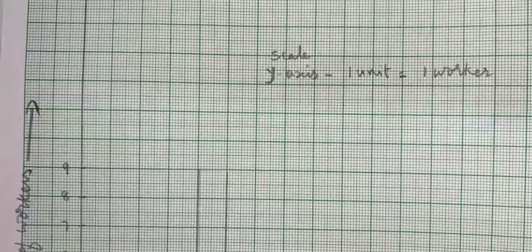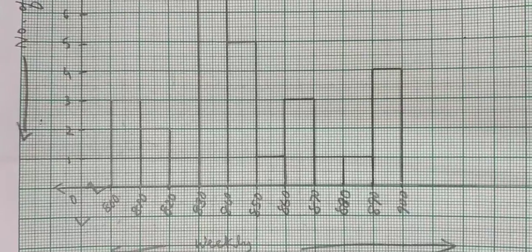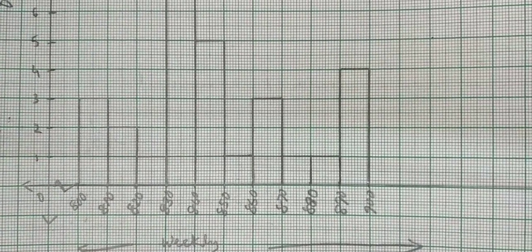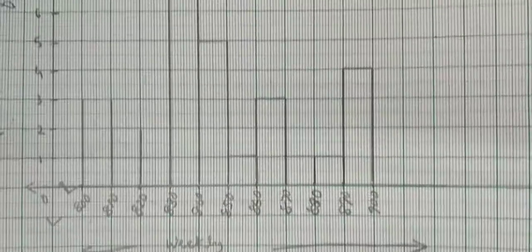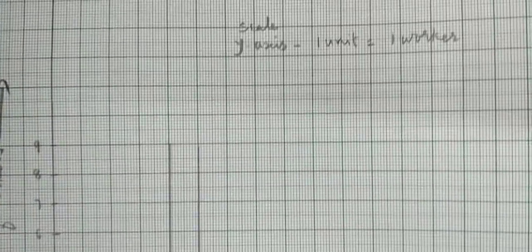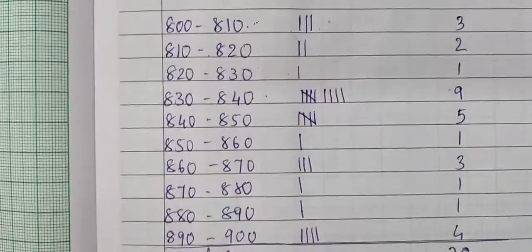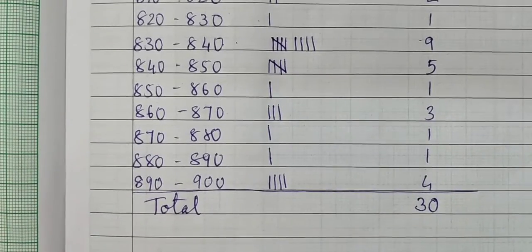So this is how the histogram depicting the given frequency table looks. Okay, so this is the view of the histogram prepared based on this frequency distribution table. Is that clear?